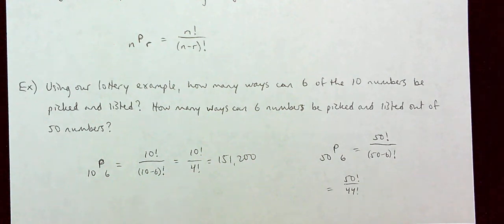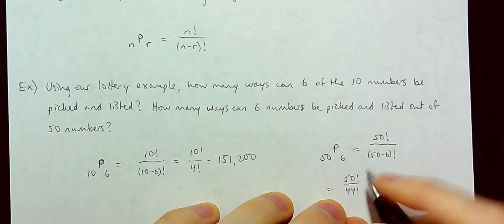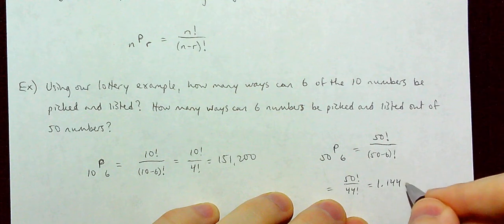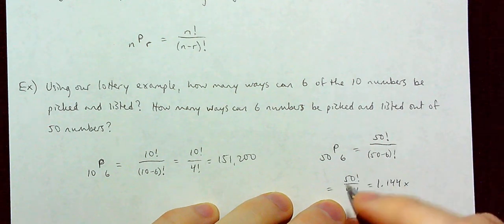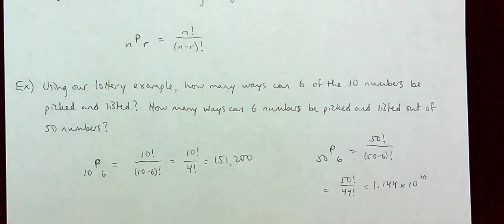And if you plug this into your calculator, you are going to come up with a very, very, very large number. You are going to come up with approximately 1.144 times 10 raised to the 10th. So, massive, massive number of possibilities.